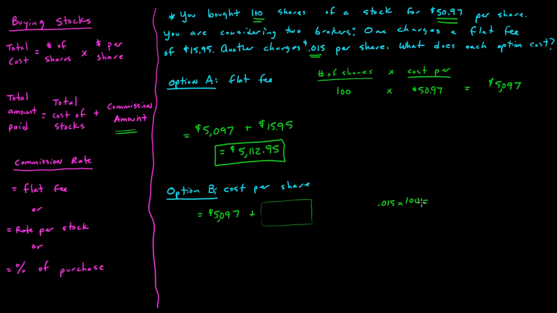So that's going to only be $1.50. So it's the cost of the stocks plus the commission amount, which is $1.50. I add these together. It's $5,098.50. So in this case, it would be cheaper to go with option B.